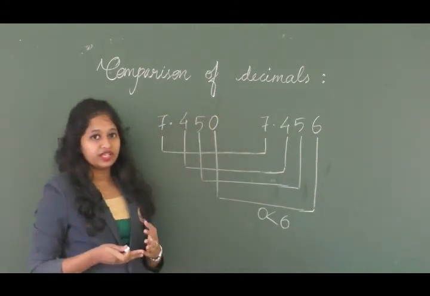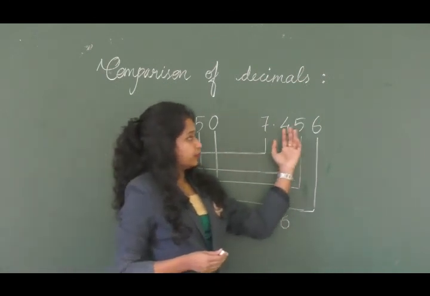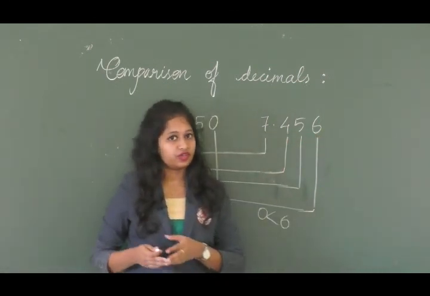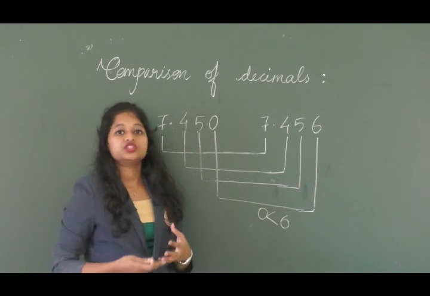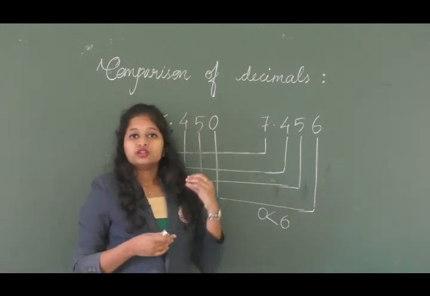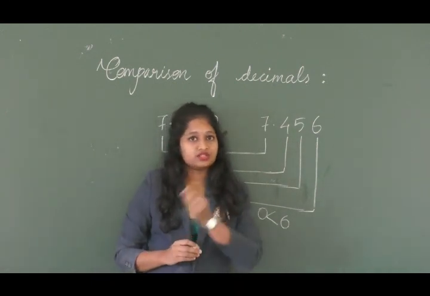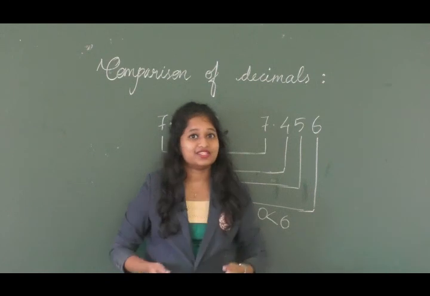So we can conclude that 7.45 is less than 7.456. Okay? So you have learned to compare. So when you get questions to make the decimal numbers in ascending or descending order, you can easily solve it.